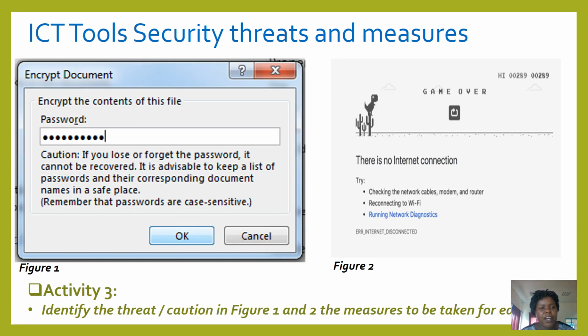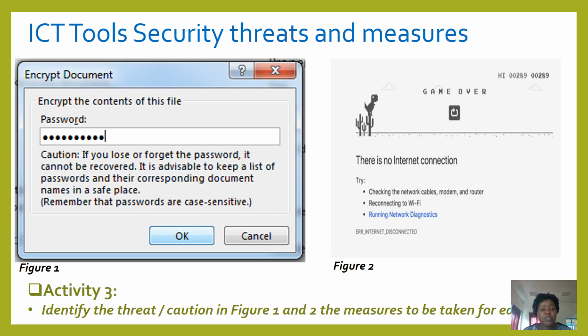As we continue with the security threats and measures, like you've identified them in the user manuals, here we want to mainly concentrate on the files that we use on our computers or on our different gadgets like the smartphones, the palm tops, the iPads, and then the real computers.